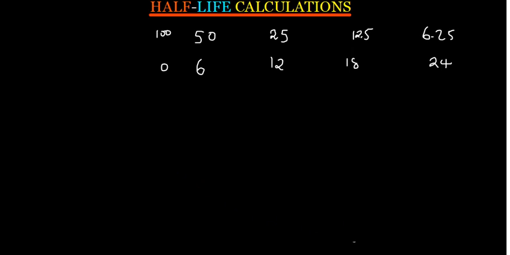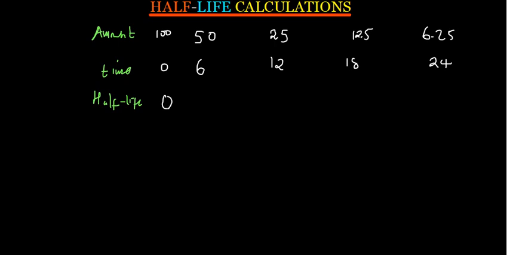Now I want to show you something again. Remember, this was representing the amount, and this was representing the time. Now let's calculate how many half-lives are here. When we are just starting, the time is 0, meaning that the half-life is also 0.